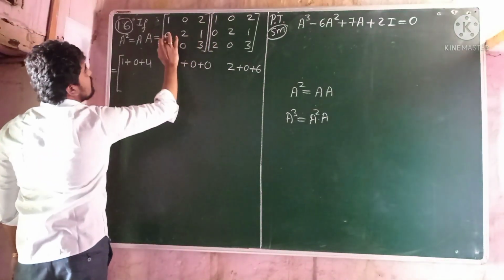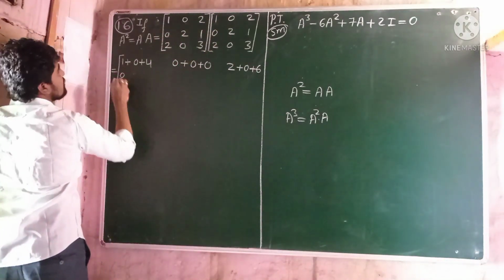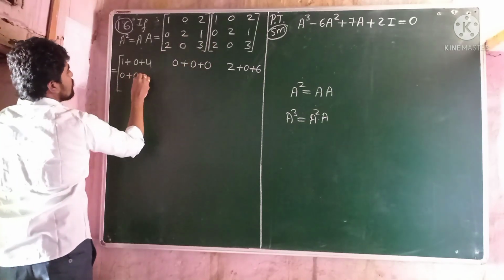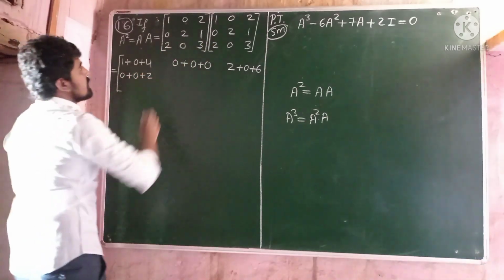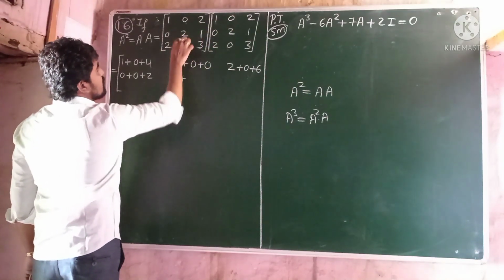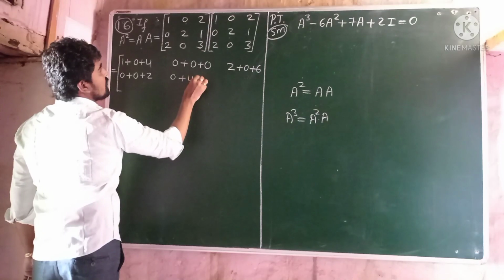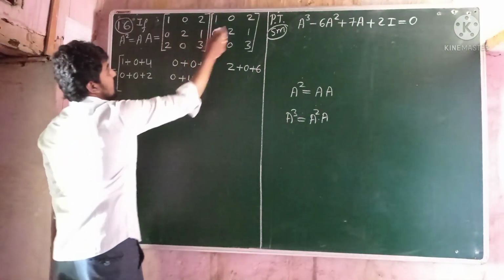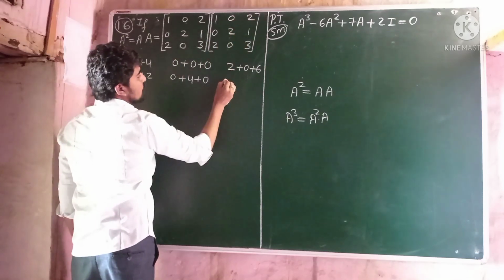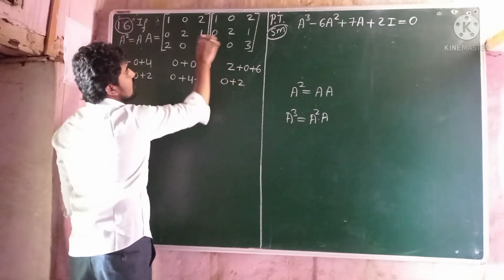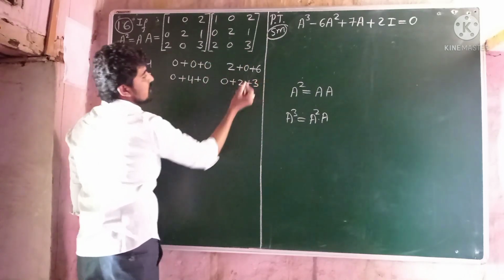Similarly, second row first column: 0 into 1 is 0, 2 into 0 is 0, 1 into 2 is 2. Second row second column: 0 into 0 is 0, 2 into 2 is 4, 1 into 0 is 0. Second row third column: 0 into 2 is 0, 2 into 1 is 2, 1 into 3 is 3.